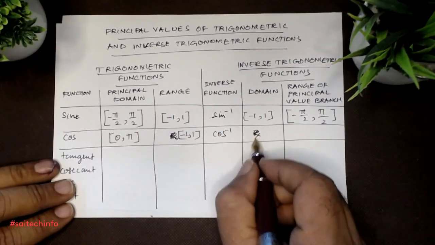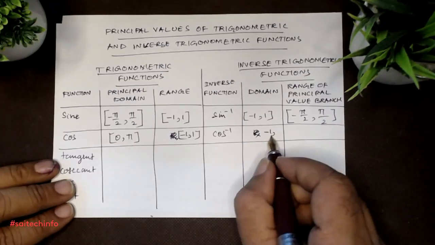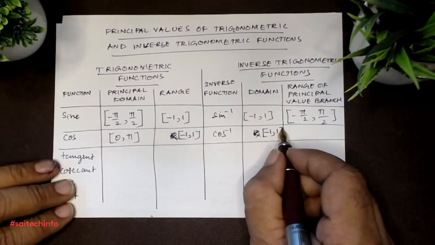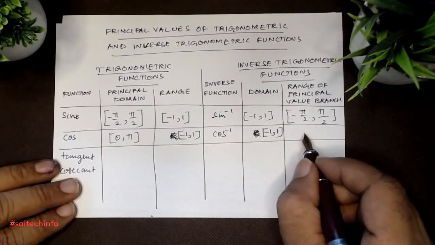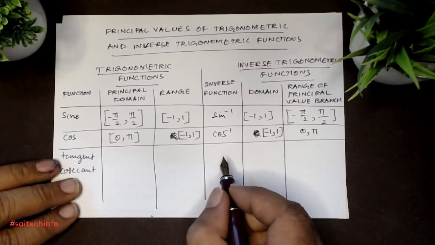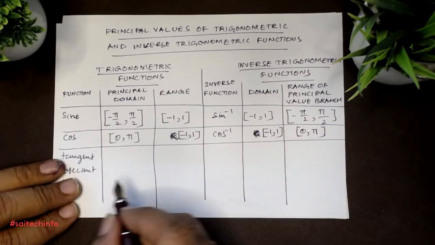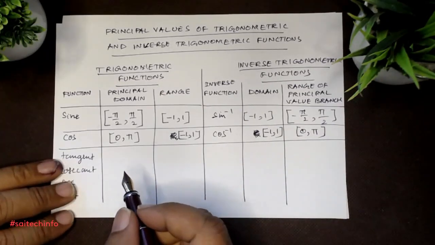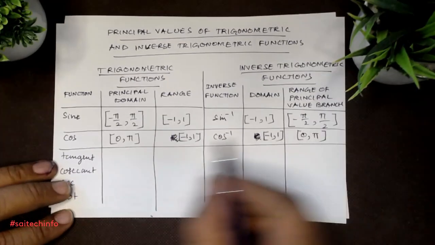And here it is reversed, that is minus 1 comma 1 with the closed interval. And here 0 comma pi becomes the range of principal value branch for cos inverse.